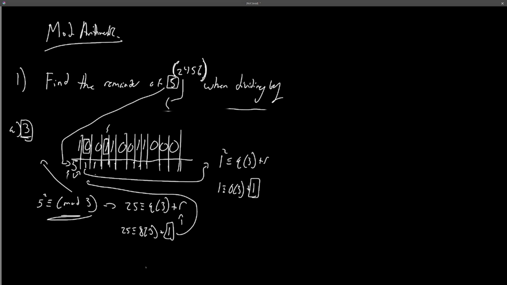So now we're dealing with a 1, and 1 requires 1 extra step. So let's just start how we always would if we were to land on a 0, and take our remainder down here, 1 squared, Q3 plus R. As you can tell already, we already know that it's 1 as a remainder, so we didn't even have to do this at all, because we already know 1 is our remainder from the previous problem.